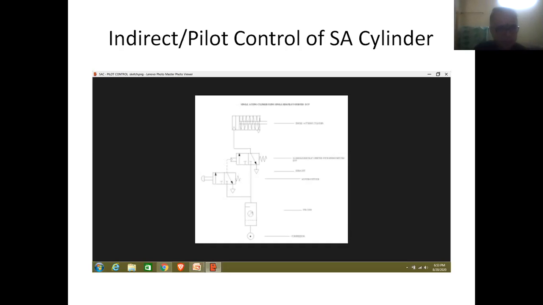So therefore it is called primary fluid. And at the same time, this compressor will also be sending fluid into the pilot valve for operating the element of the DC valve. So this is called secondary fluid.